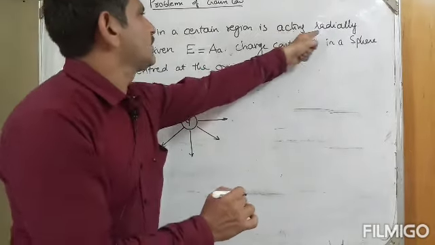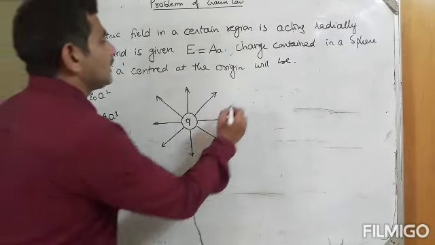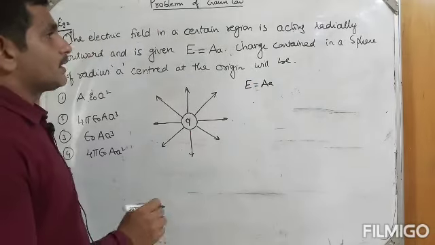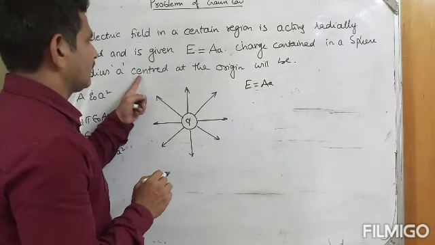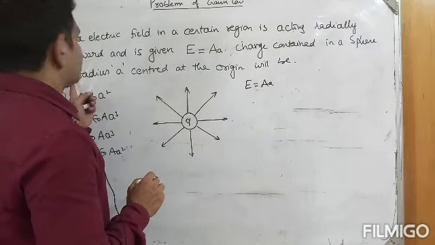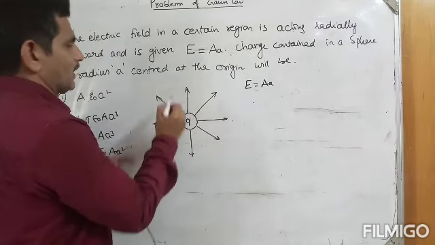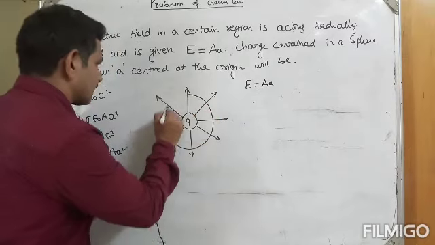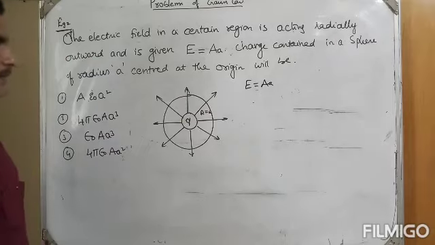The electric field in a certain region is acting radially outward and the electric field intensity is E equals A a. What is the charge contained in a sphere of radius a, for getting this kind of field, if the sphere has radius R equals a?